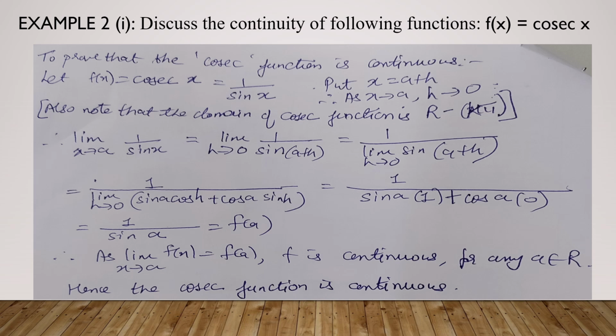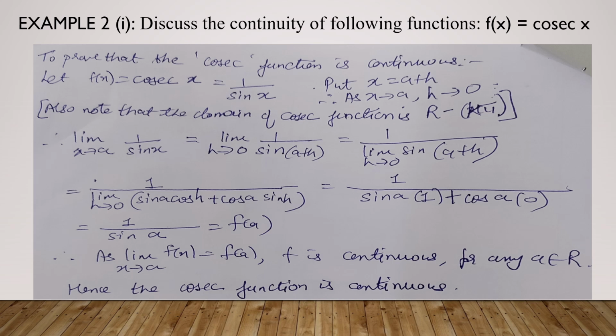Limit x tends to a, 1 upon sin x is equal to limit h tends to 0. Now we have changed from x tends to a, we have taken h tends to 0. 1 upon sin of x, x is a plus h, which is equal to 1 upon limit h tends to 0 sin of a plus h.